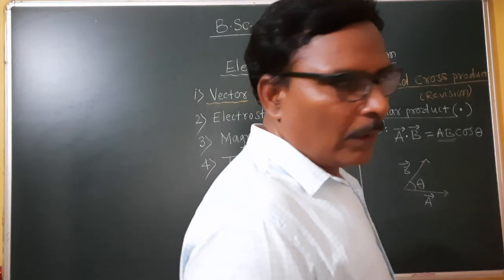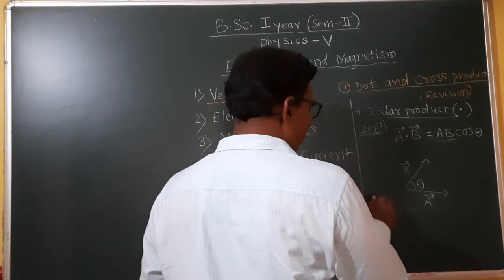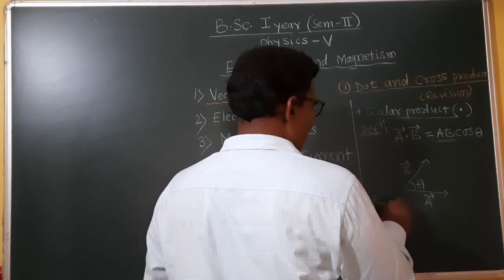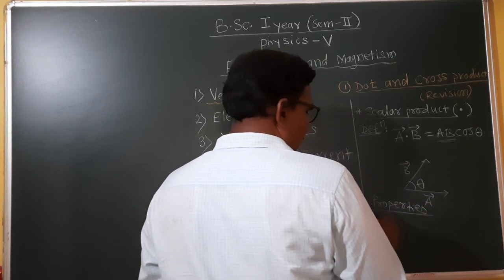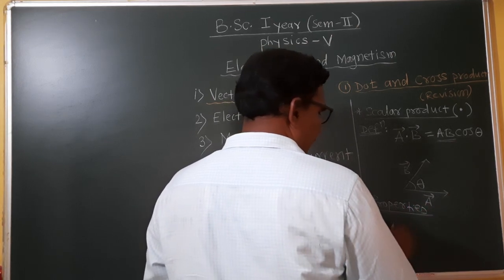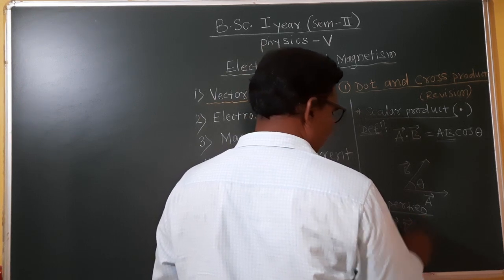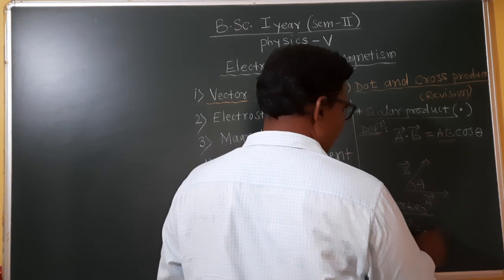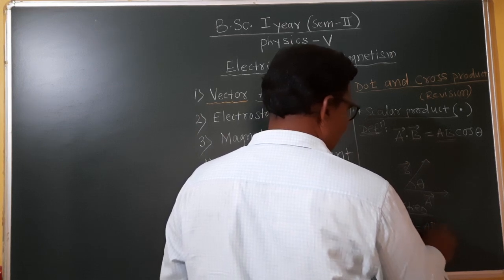Here we have some properties of the dot product. The first property: scalar product obeys the commutative law of vector multiplication. A bar dot B bar is equal to AB cos theta.